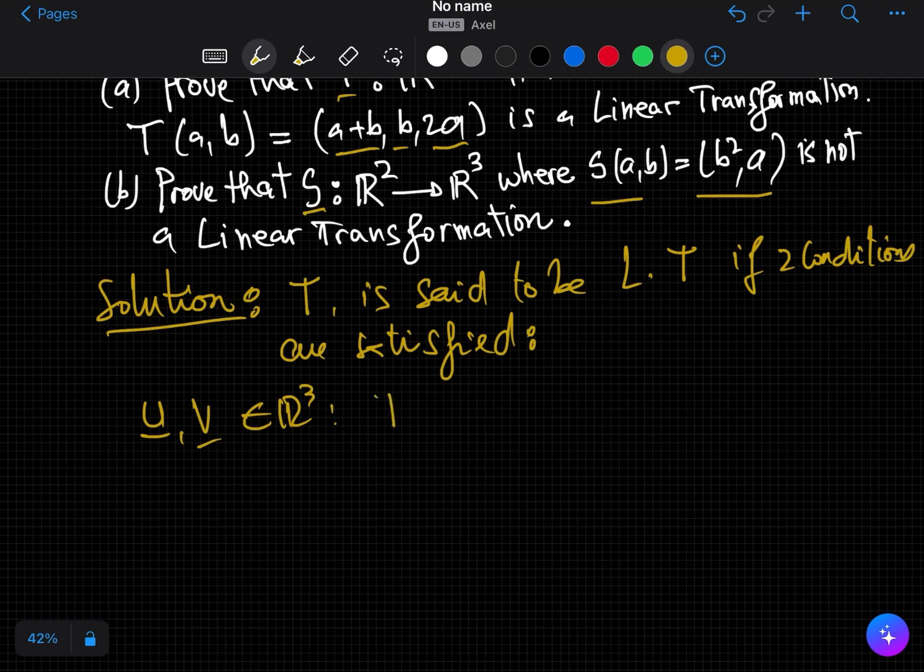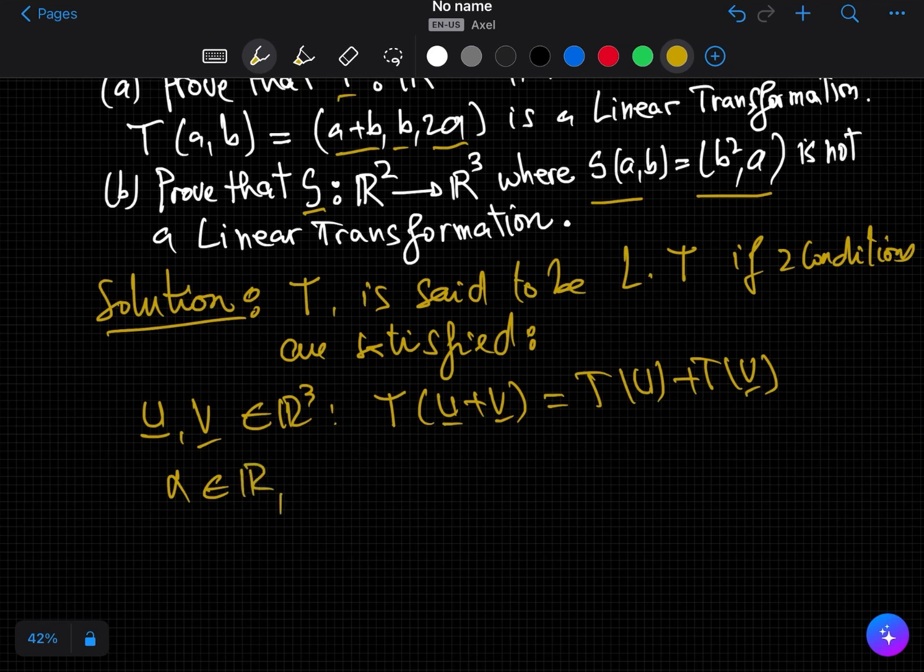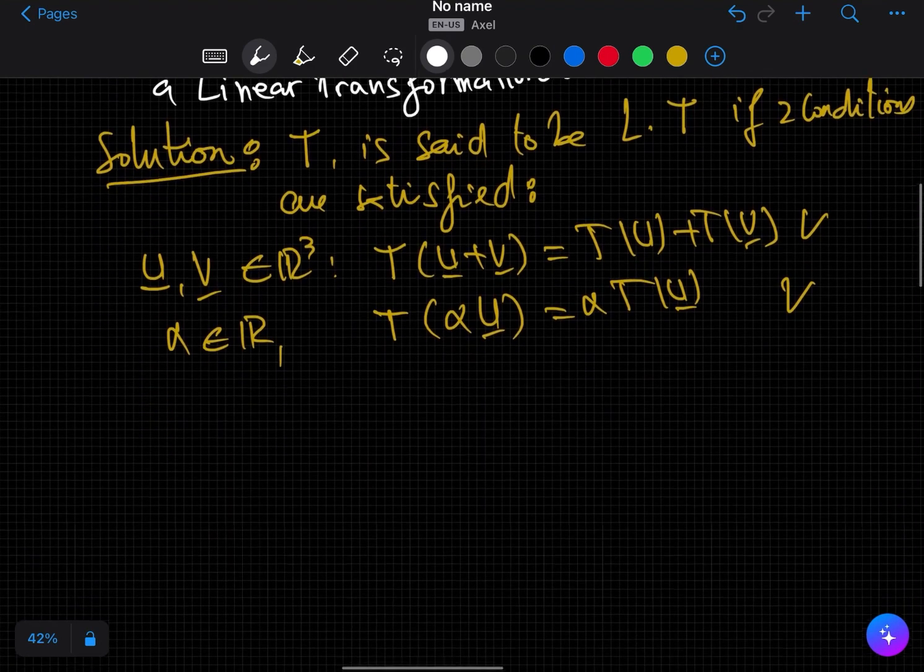If T(u plus v) equals T(u) plus T(v), then T is said to be closed under vector addition. If we have a scalar alpha, and T(alpha u) equals alpha T(u), then T is closed under scalar multiplication. If these two conditions are met, we say that T is a linear transformation.